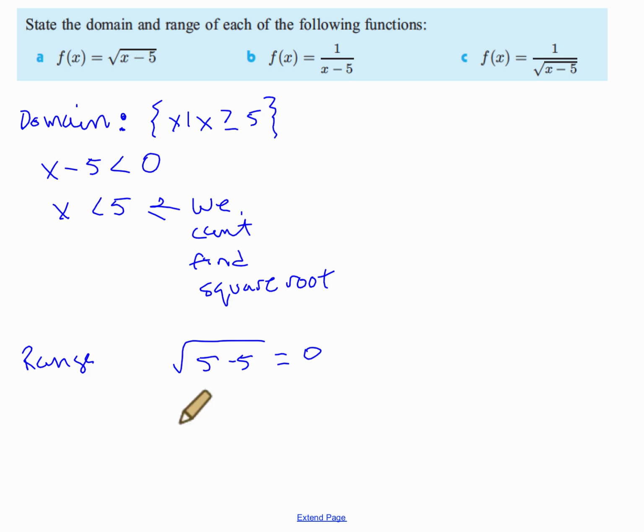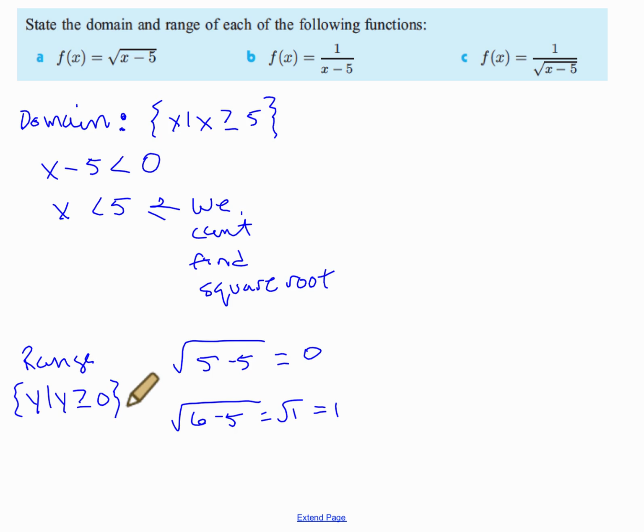And the answer is no, because 5 is the least number we can use. Square root of 6 minus 5 is square root of 1, which is 1. Is there any way we can go below? Can we get a negative? No, it's not possible to get a negative. So the range would be the set of y such that y is greater than or equal to 0.